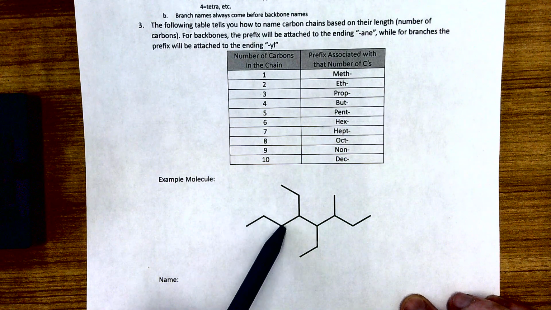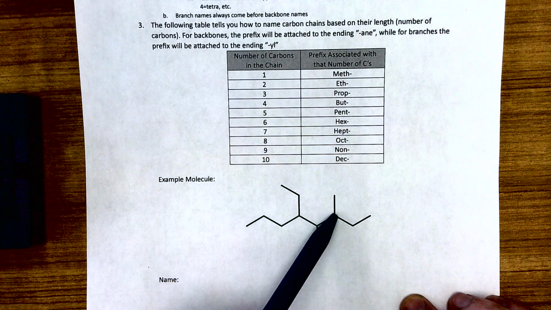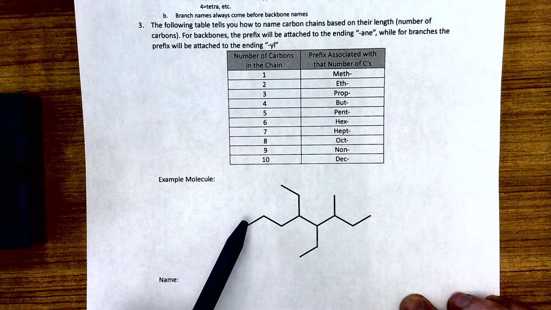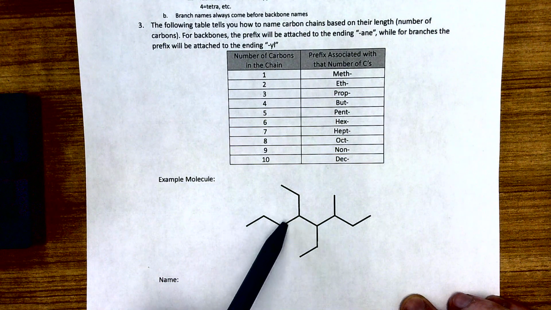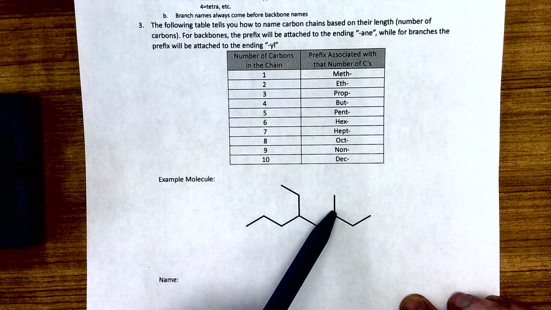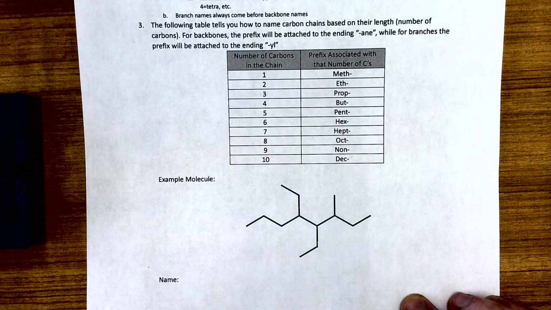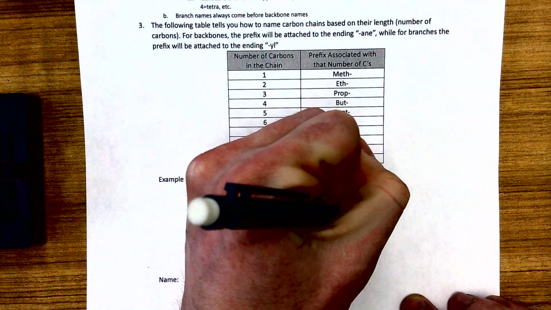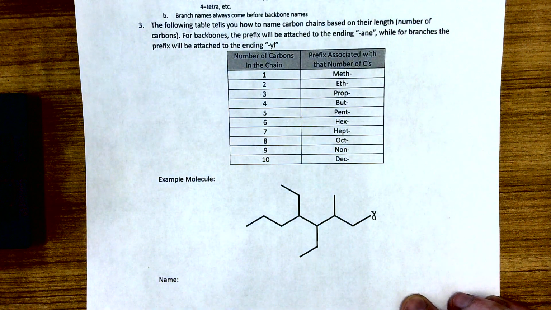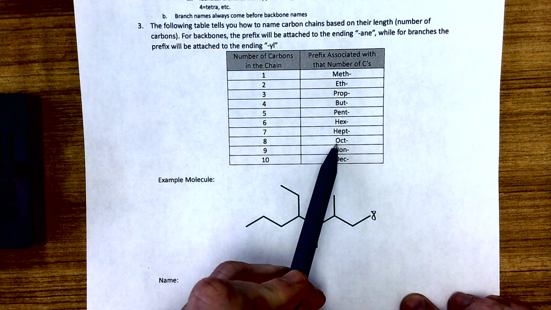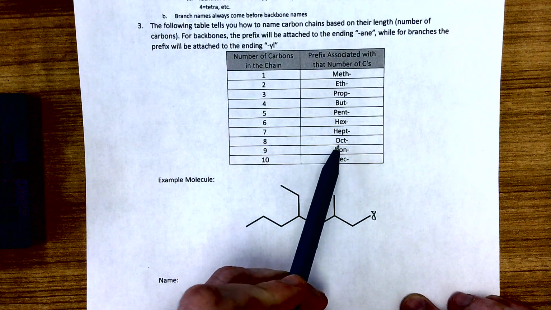1, 2, 3, 4, 5, 6, 7. So these are equally long. And then 1, 2, 3, 4, 5, 6, 7, 8. Since 8 is the longest chain we can make, I know that this backbone is 8 long, and the prefix for 8 is oct.